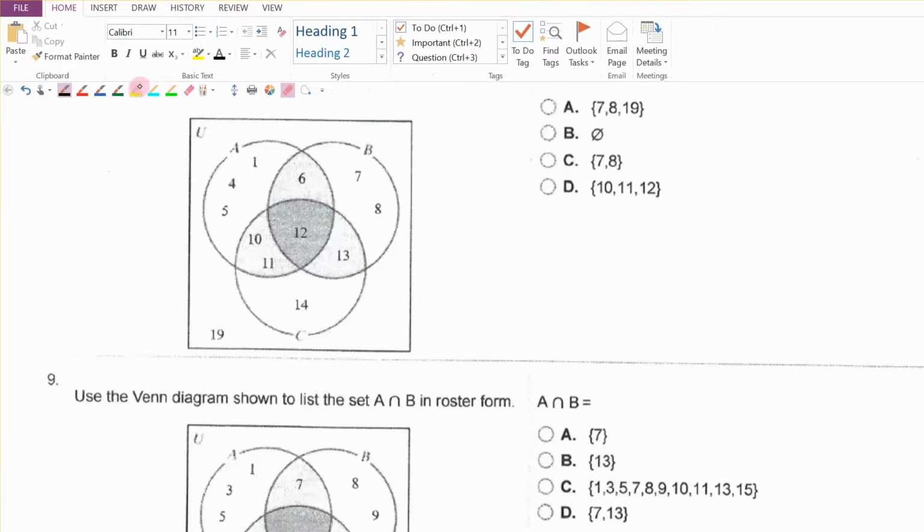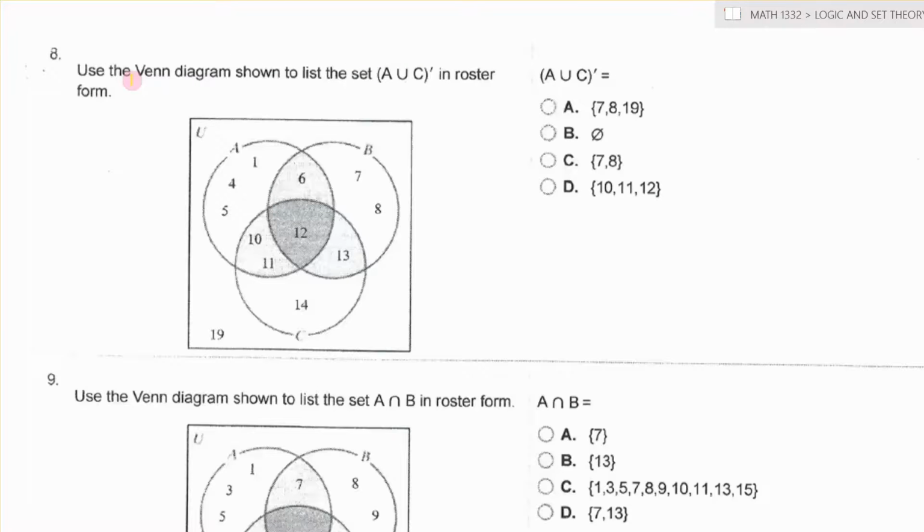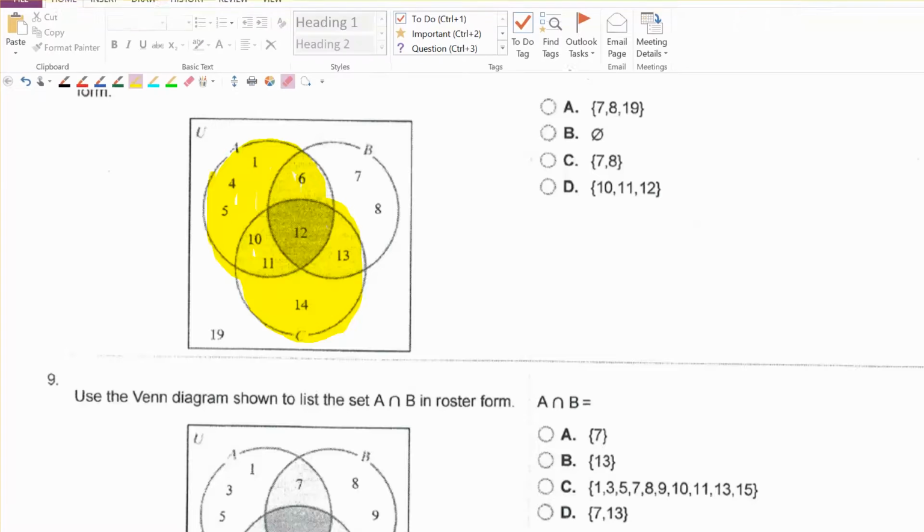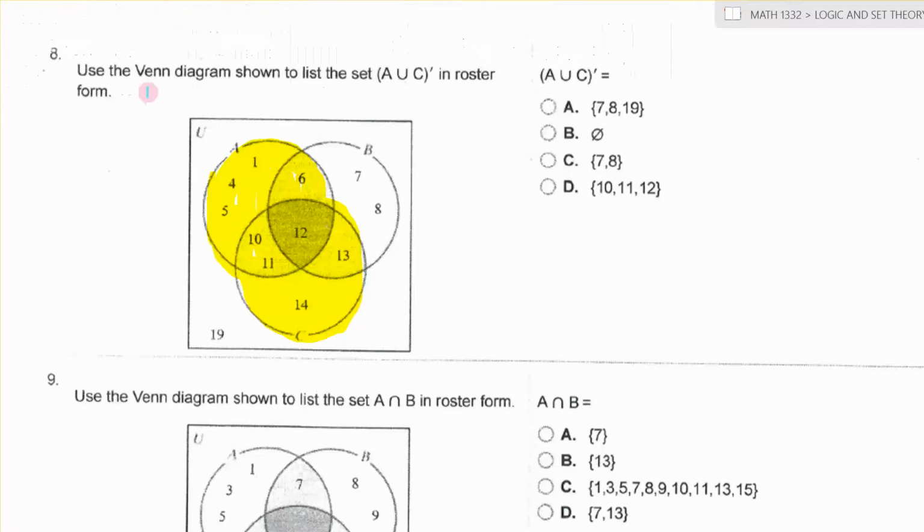So what I'm going to do is in yellow, I'm going to do A union C. A union C is all of this. The complement of that is this.